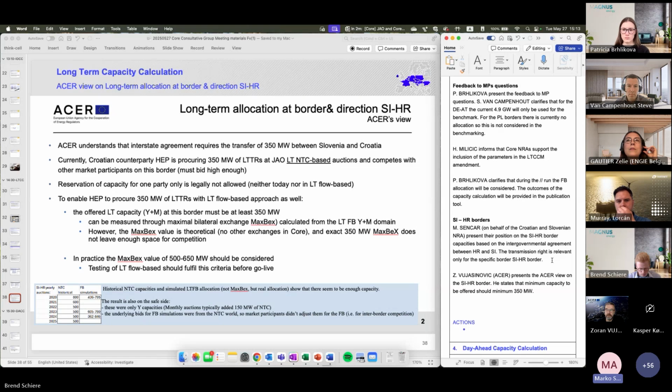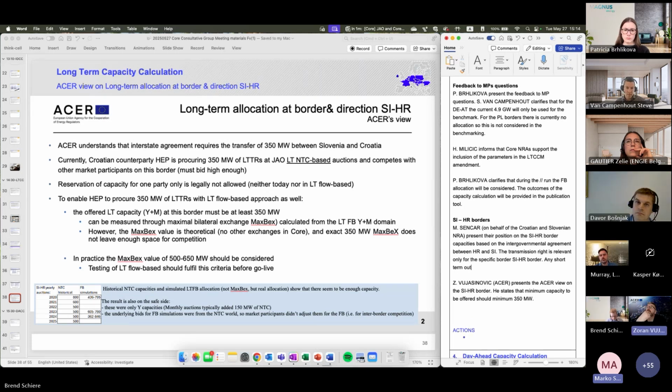Sorry, I did not really understand the question. Outages of nuclear power plants are an operational planning category, but we are talking now about long-term allocation of capacities, and these are two different things. So the answer is that any short-term outage planning and similar does not affect the capacity, which has to be guaranteed.